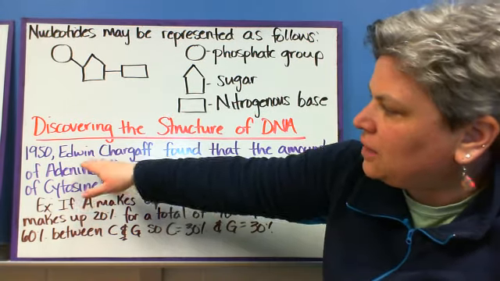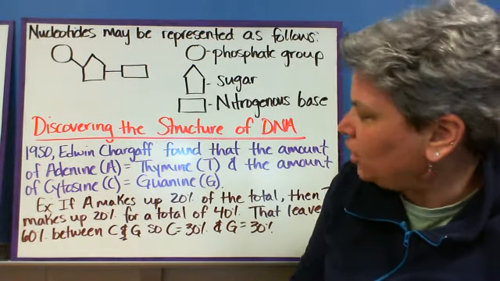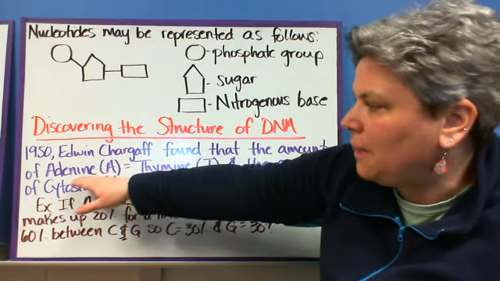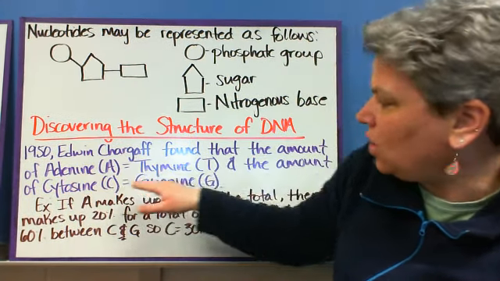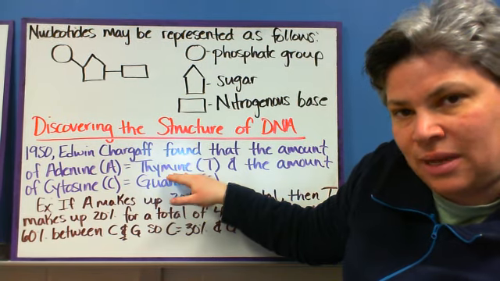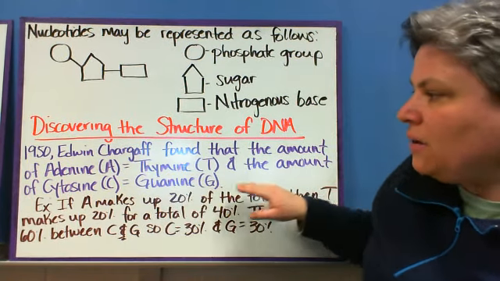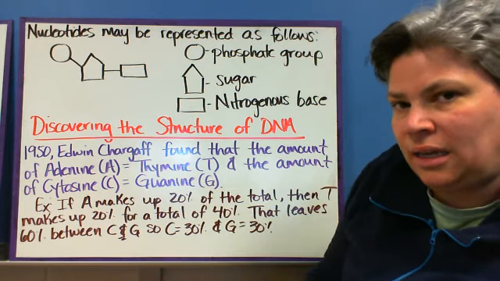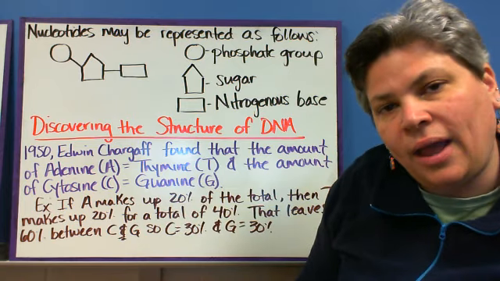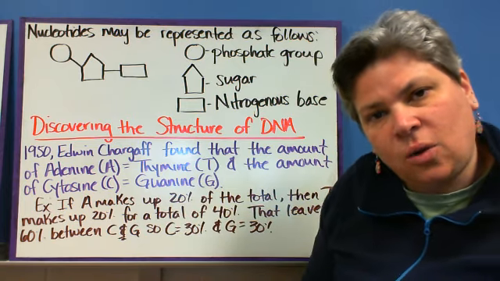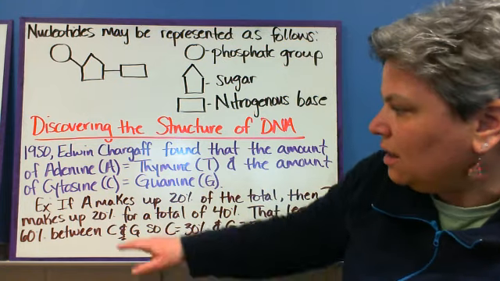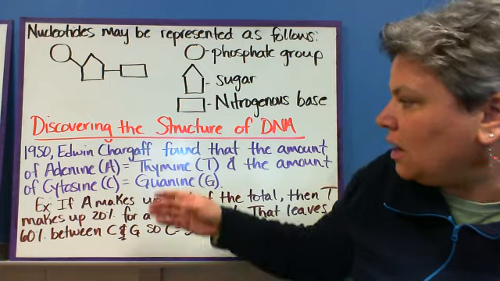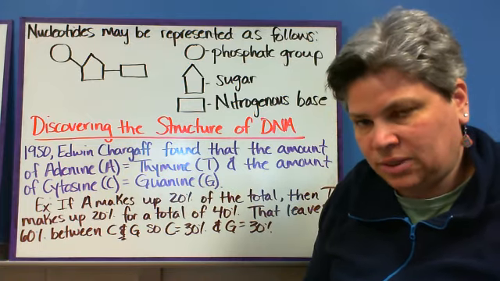In 1950, a man by the name of Edwin Chargaff came up with this idea, and he determined that the amount of adenine, or A, was always equal to the amount of thymine, or T, and the amount of cytosine, or C, is always equal to the amount of guanine, or G. So A always goes with T, C always goes with G. Well, what does that mean? If A made up 20% of the total molecule, then that would tell us that T also made up 20%.